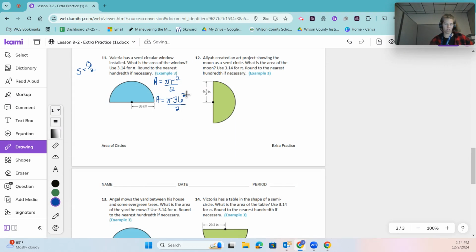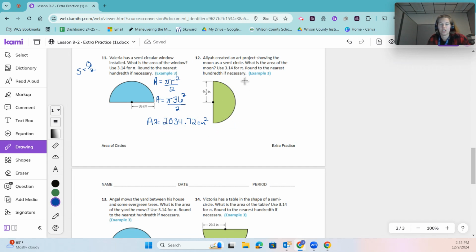So I'm going to go ahead and multiply this out. 36 squared times 3.14, and then divide that by 2, and I'm going to get area is approximately equal to, again, it says round, so we have 2034.72 centimeters squared. Again, area is two-dimensional, so it's centimeters squared.